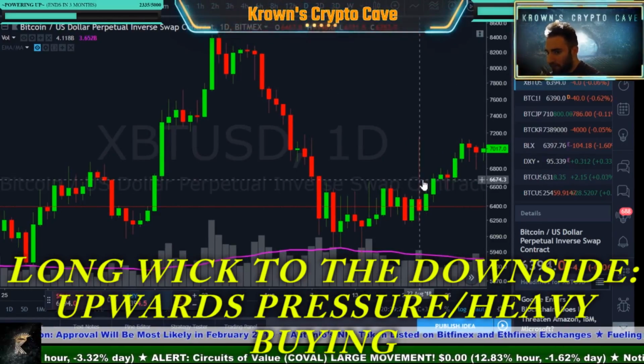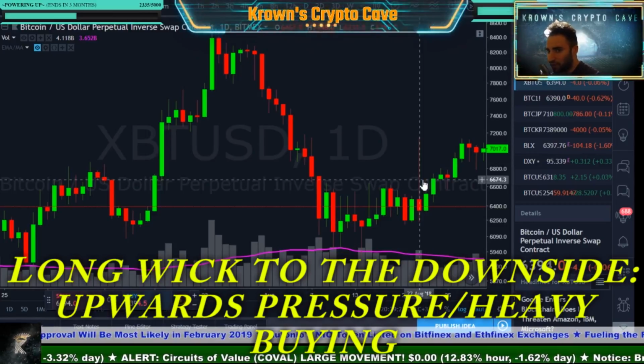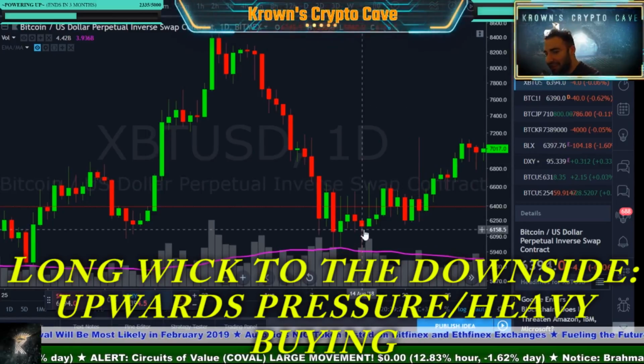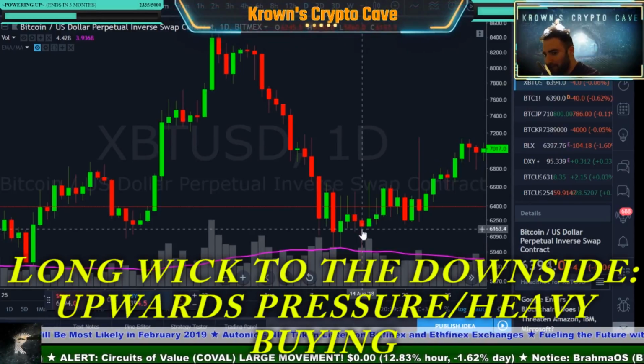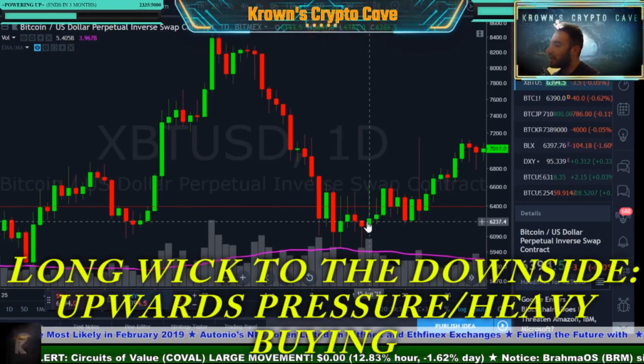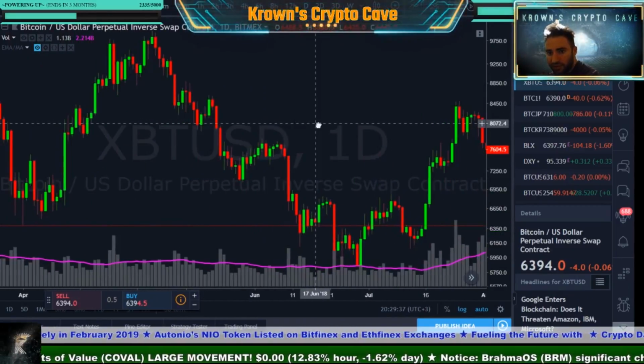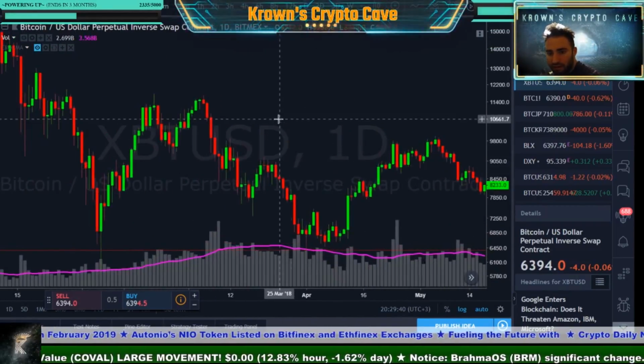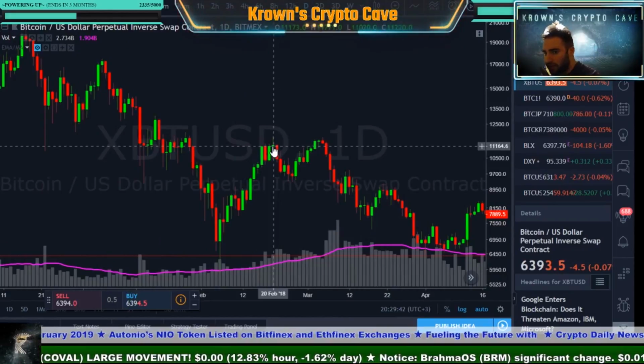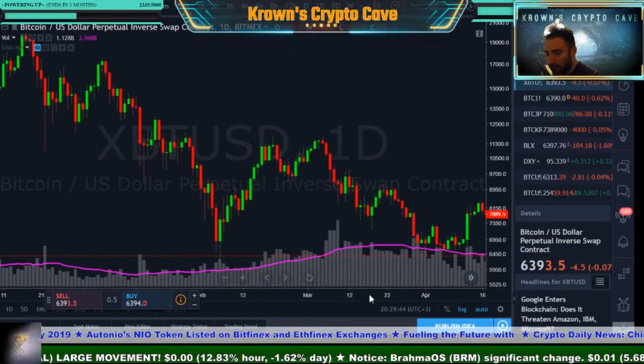Although these are very poor examples. This down here is your traditional bull wick, forcing price action back up, telling you we've got a lot of buyers. And for the opposite, let's get one good example. Right over here, a long wick to the upside, a bear wick, and boom, down.